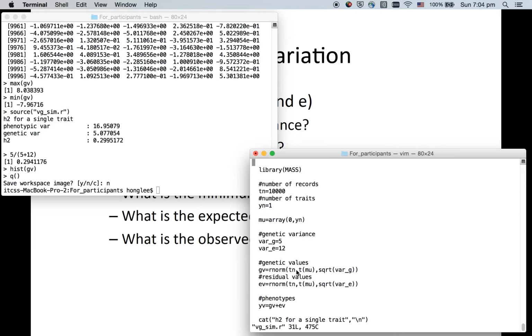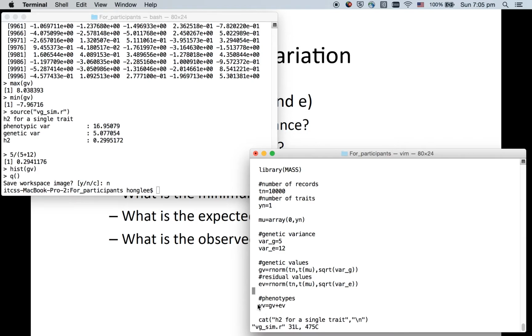With exactly the same function, we also simulate the residual values, which I assign as EV. The number of records is the same and the mean is 0 as well, and the variance comes from the residual variance here, that's 12. Then according to the equation P equals G plus E, I assign YV as the phenotypic value, where GV is the genetic value and EV is the residual value.